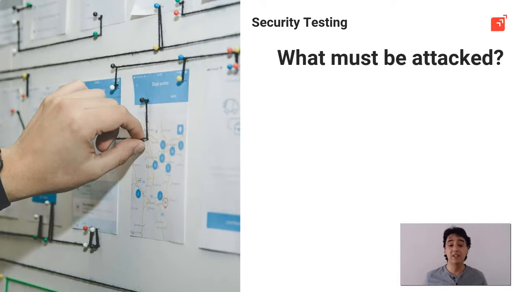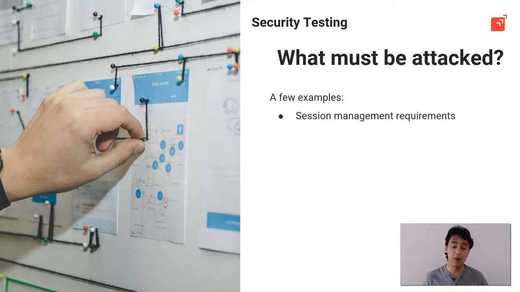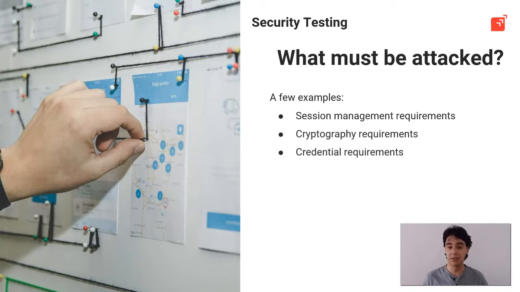We have synthesized the common aspects of different security standards and turned them into security requirements. Here are some of them: session management requirements, cryptography requirements, and finally, credential requirements. You can find a link on this slide for additional information.